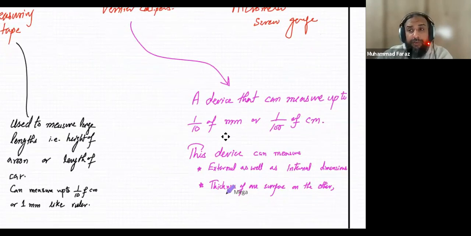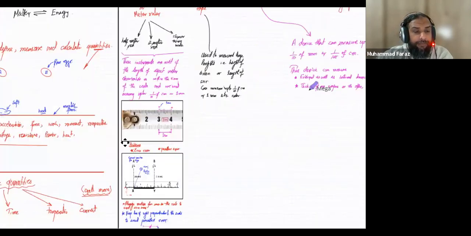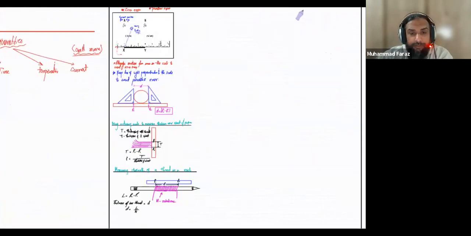So if we are using a vernier caliper, we can actually measure the thickness of a paper without doing all this. We can just simply put the values in.